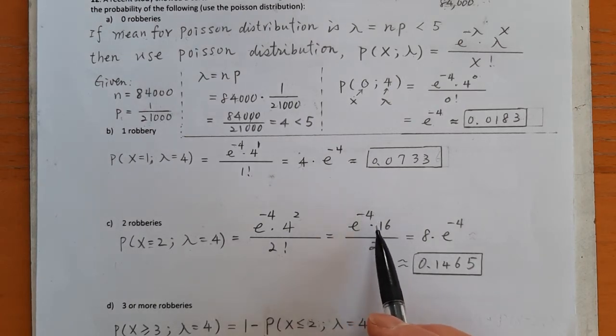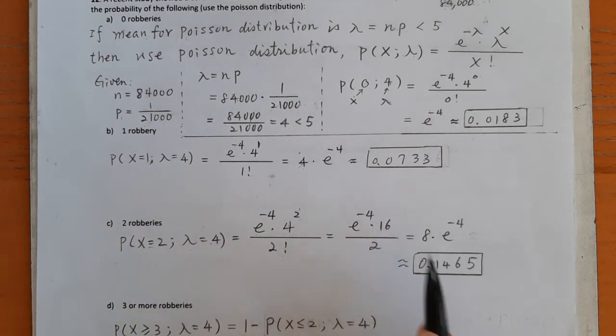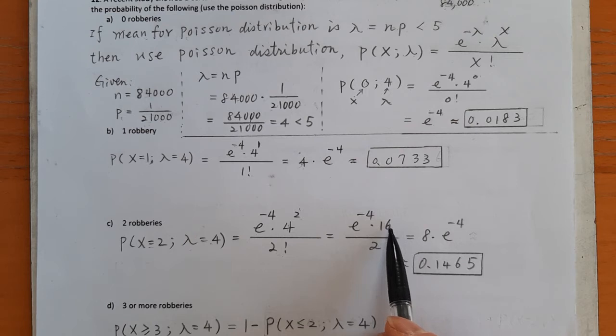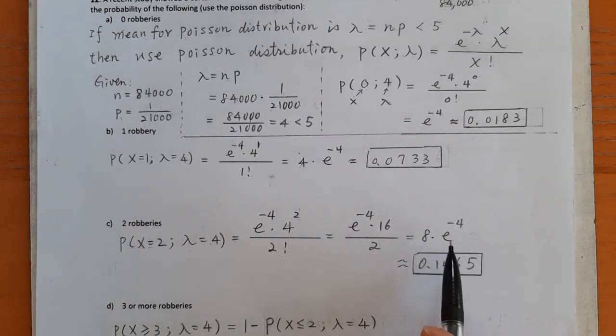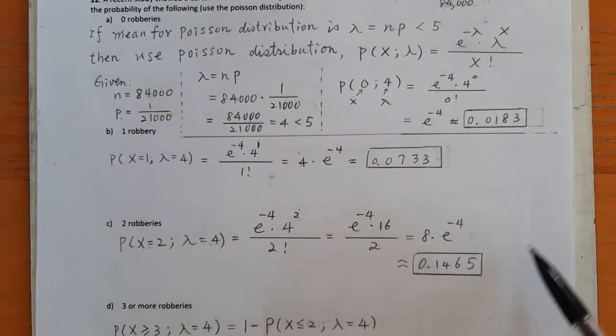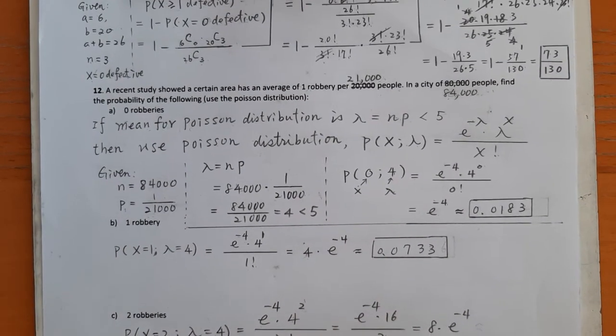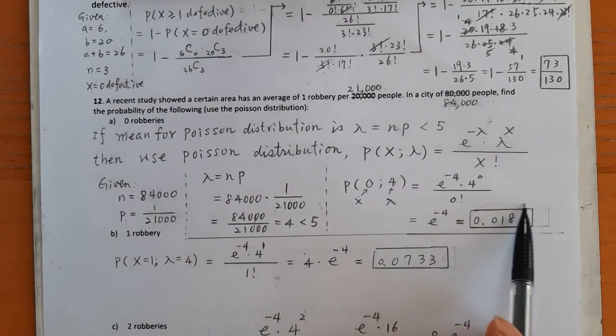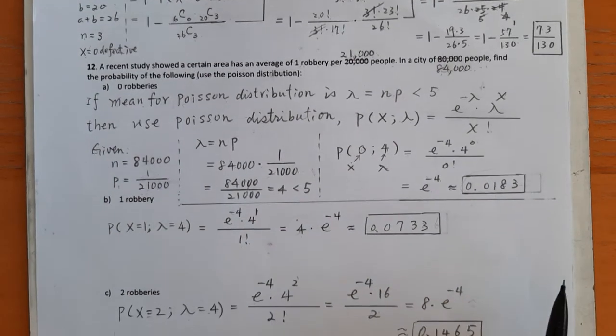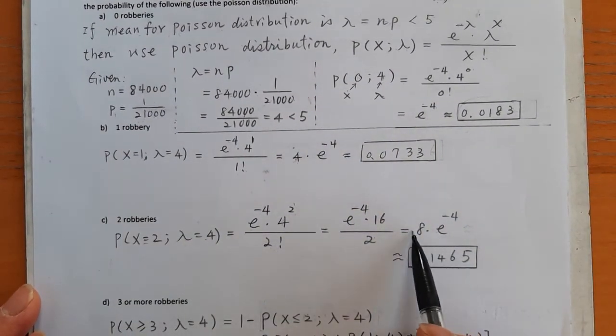And e to the power -4 times 4 squared. 4 squared is 4 times 4, which is 16. Then 16 divided by 2 is 8. So it's 8 times e to the power -4. So e to the power -4 is this number, times by 8, and you got the answer.